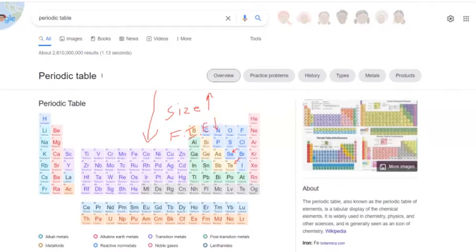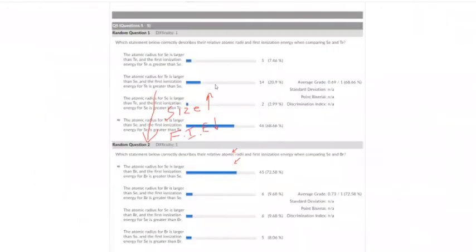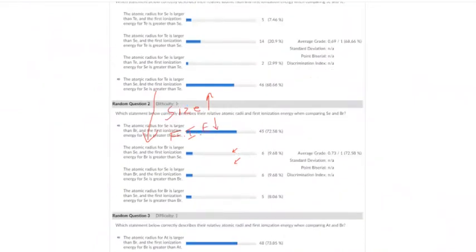Now let's go back to the question. If we look at the correct answer here, the atomic radius of tellurium is larger because it is one below selenium, and the first ionization energy of selenium is greater than that of tellurium. It's the correct answer.